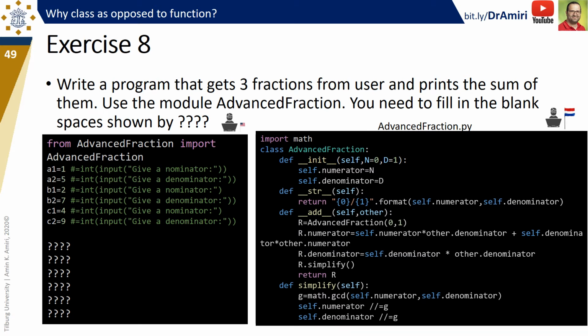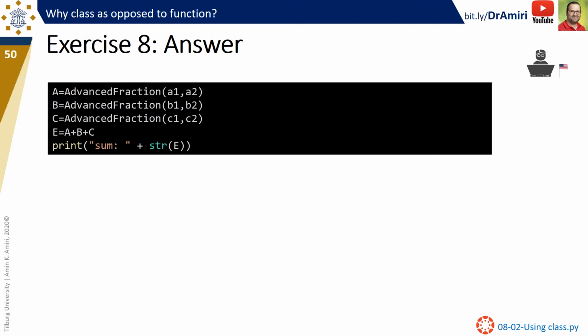Now you need to fill the blanks in this code in a way that it calculates the summation of the three fractions. So after getting the inputs, A1, A2, B1, B2, C1, and C2, you use them to create three instances of the class advanced fraction.